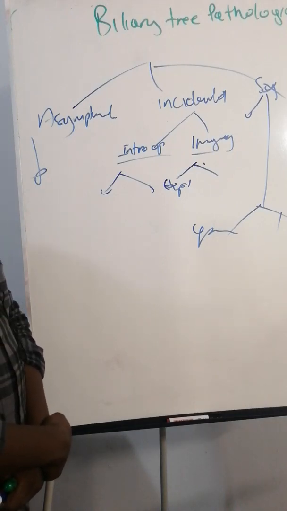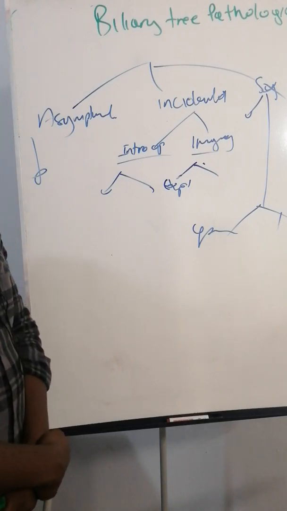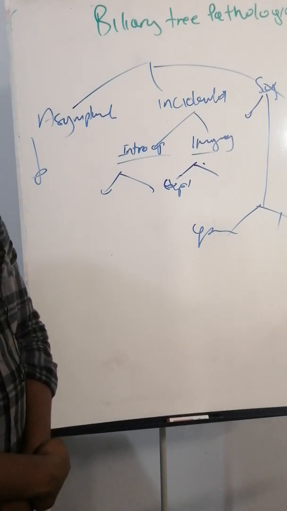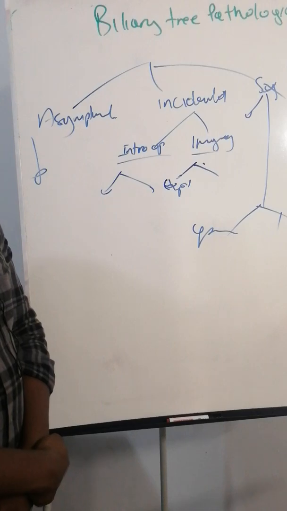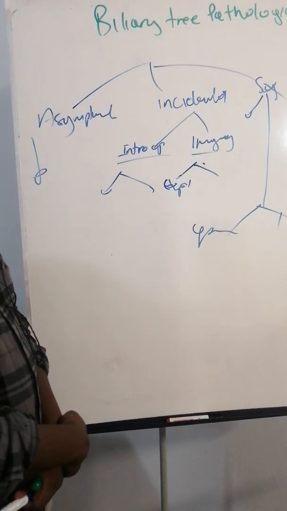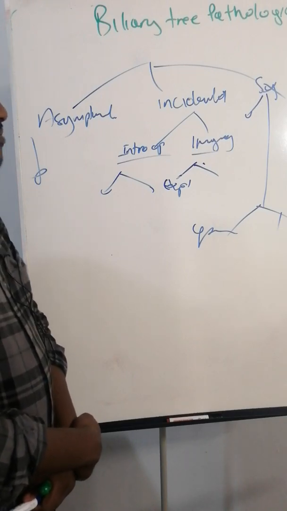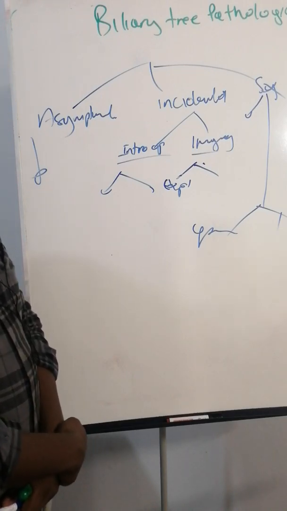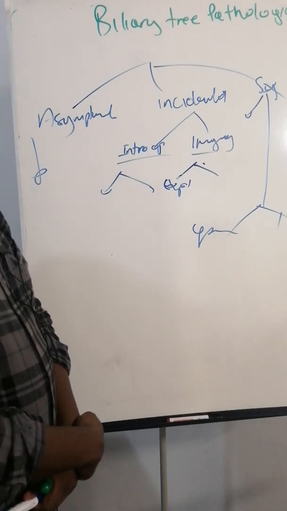Yes, so the most important thing there, especially as a student, when someone asks you how do you manage gallstones, you need to make the one who's asking, be it the consultant or the medical officer, understand that in terms of management, we've got three categories. We've got the asymptomatic patients, we've got the incidental, and then we've got the symptomatic.